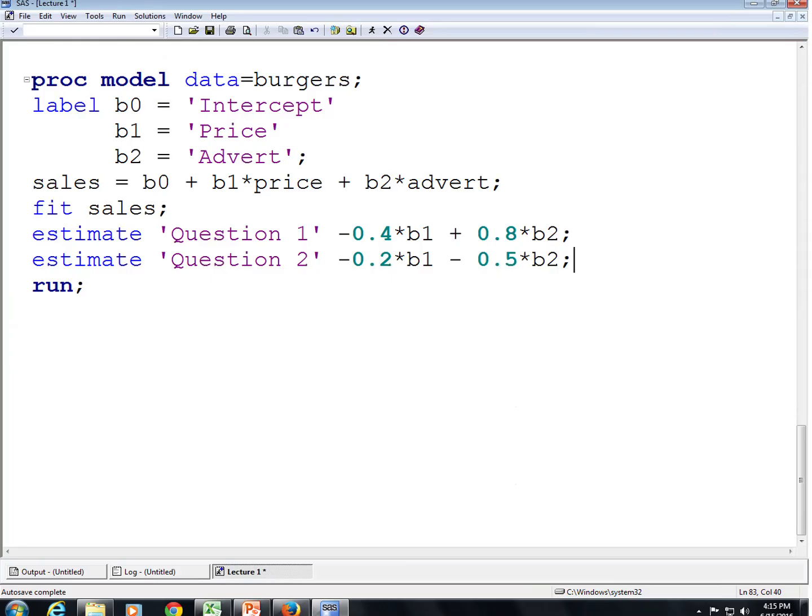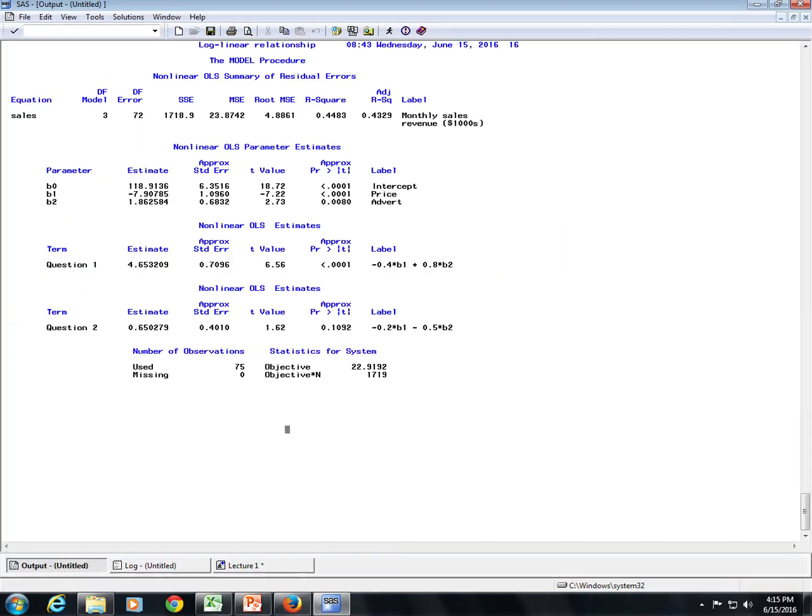All right. So we use proc model to fit this, and then we can look at the output. So here is our output. We have our two tests there, question 1 and question 2. Question 1 is basically saying, what do we expect to happen if we were to decrease price by 40 cents and increase advertising by $800?